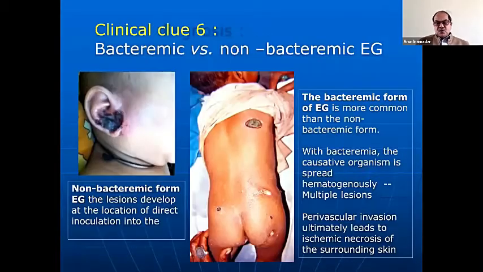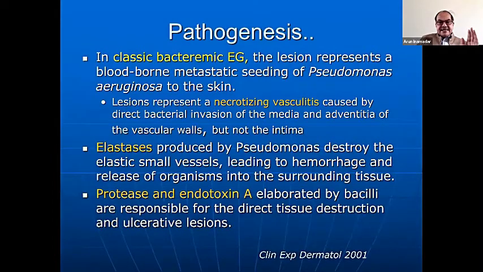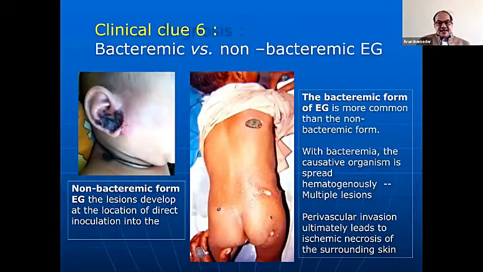Okay, the clinical clue here, in fact, the diagnosis is ecthyma gangrenosum. There are two types, bacteremic ecthyma gangrenosum or non-bacteremic ecthyma gangrenosum. The one over the external ear is only the non-bacteremic form.